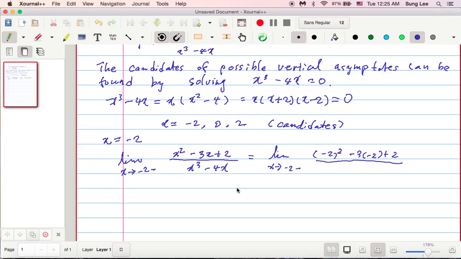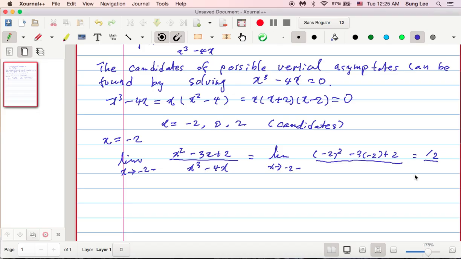We talked about that. In this case, the numerator is not 0, so that's 12.